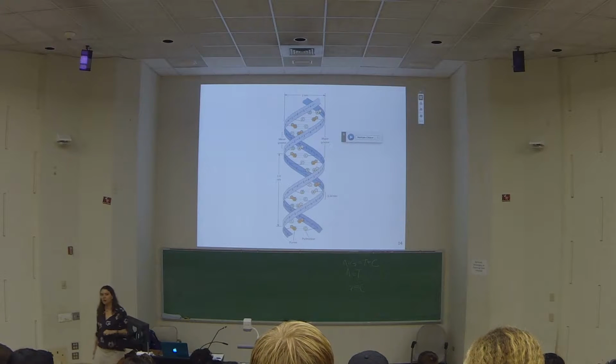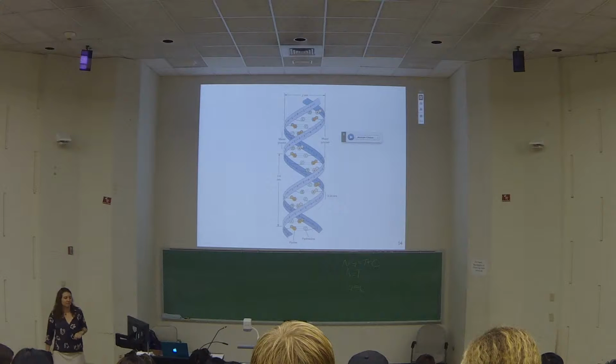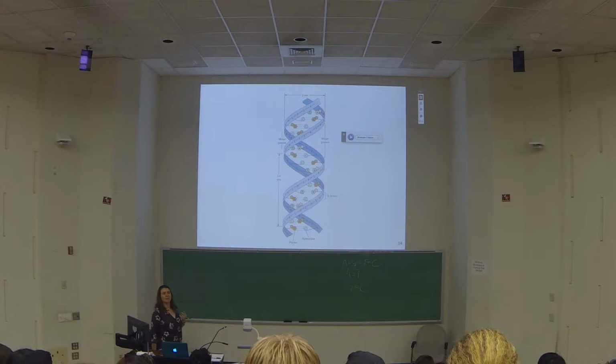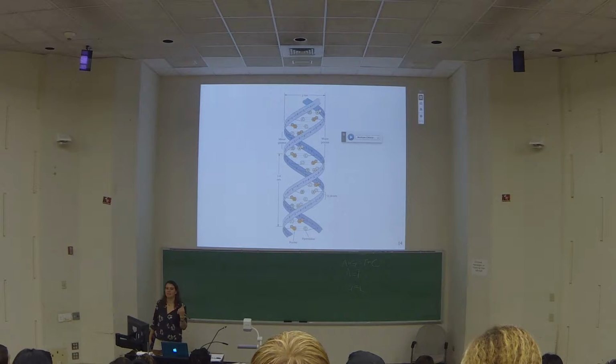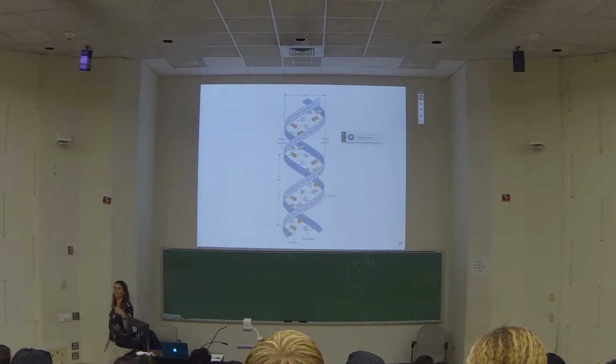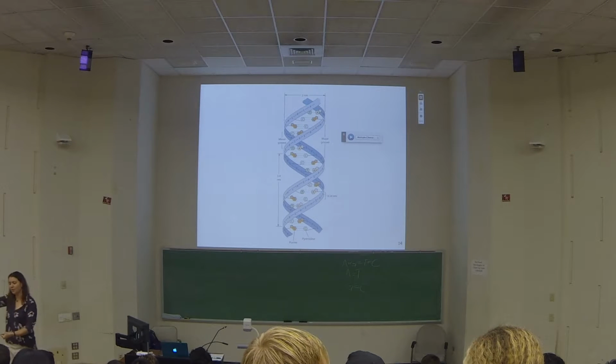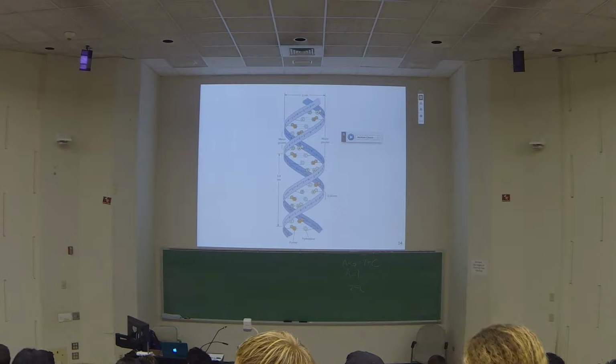Some other things to notice about the DNA structure. How many ways are there to twist things up? 4. Oh, really? Well, if you take two things and twist them right or left, right?